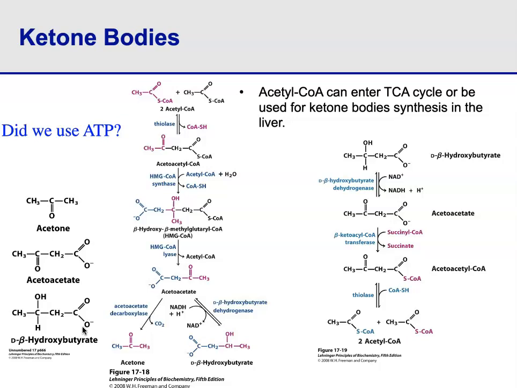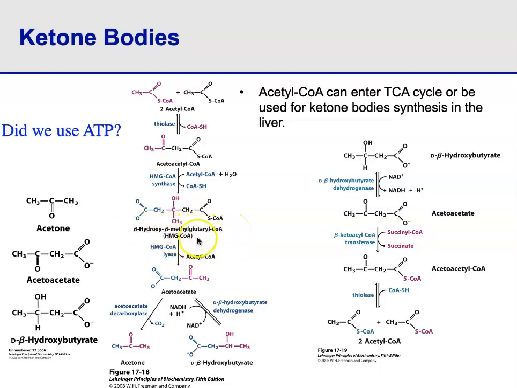So how do we generate ketone bodies? It's actually very simple. You take 2 acetyl-CoAs. With the help of thiolase, we make acetoacetyl-CoA. Acetoacetyl-CoA will accept another molecule of acetyl-CoA, and with HMG-CoA synthase will form HMG-CoA. HMG stands for beta-hydroxy, beta-methylglutaryl-CoA. You can see why I prefer HMG. It's a mouthful.